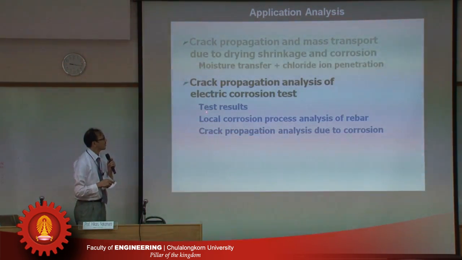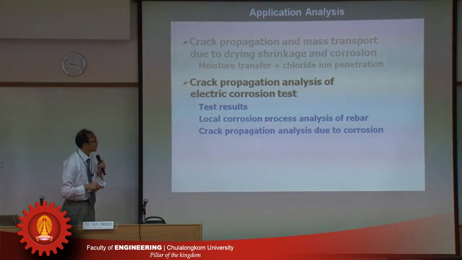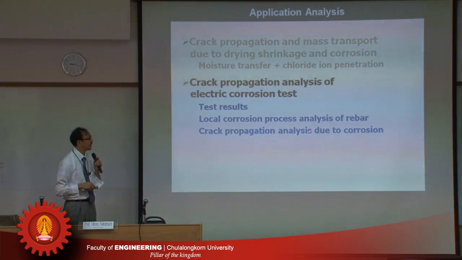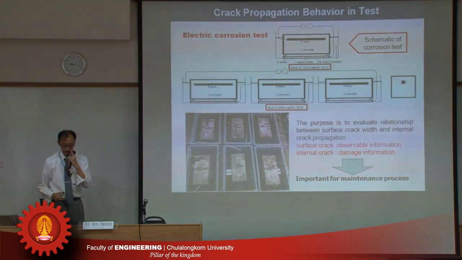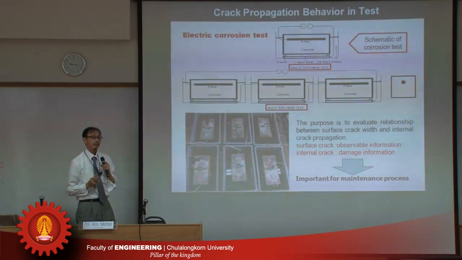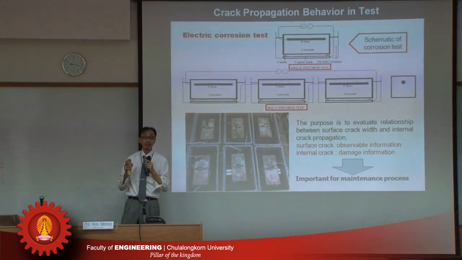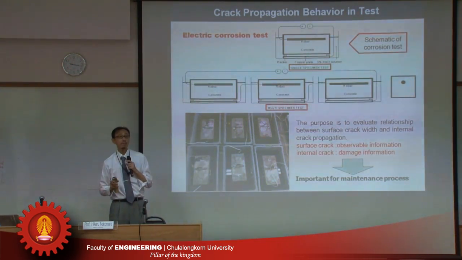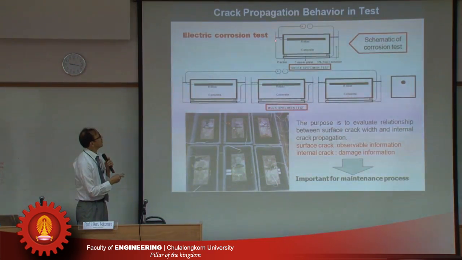So I chose the test result of the electric corrosion and some analysis: local corrosion process analysis of the rebar and crack propagation analysis due to corrosion. First, please confirm the crack propagation behavior of the corroded specimen. So a corrosion test was carried out like this.